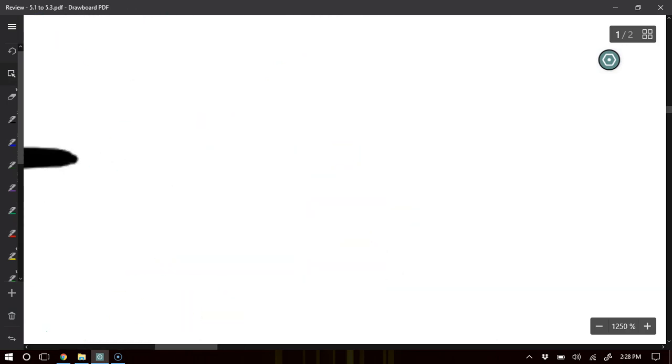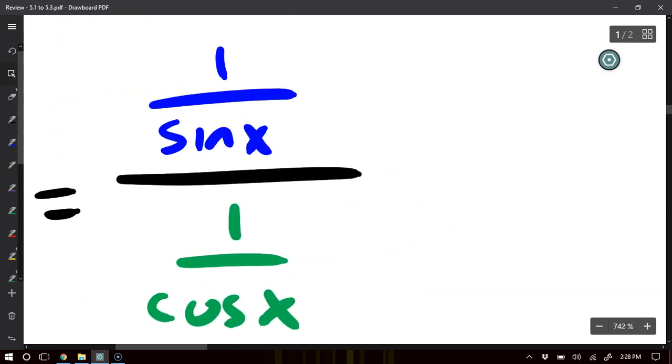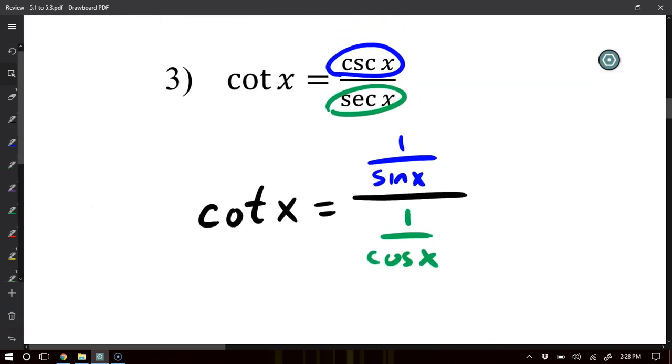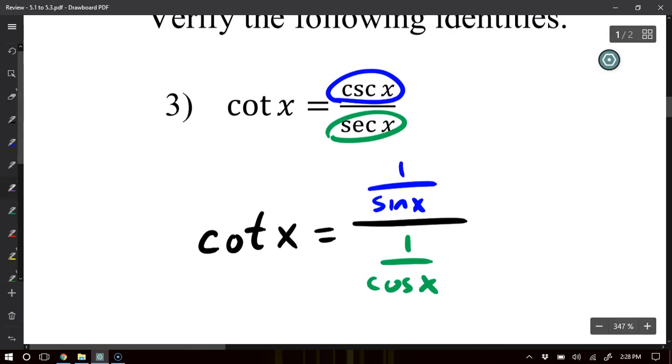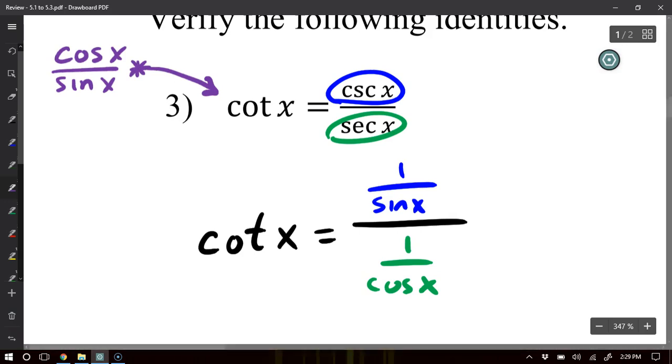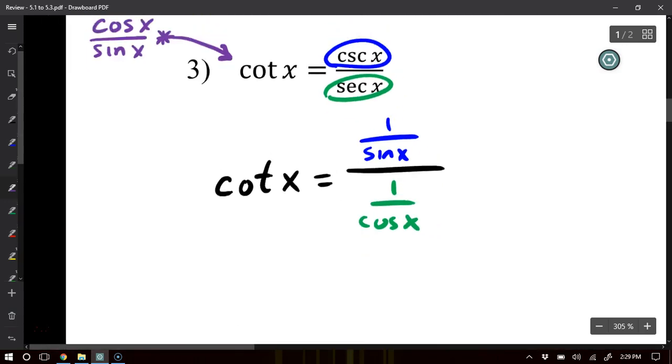As I'm going through, I have to think about what I want to create. And in this case, I want to create just cotangent. And so in my mind, if I want cotangent, there's only a very basic way of getting it, as cosine over sine. And so something tells me that this is going to be the key that I need to create on the right side to give me the left side.